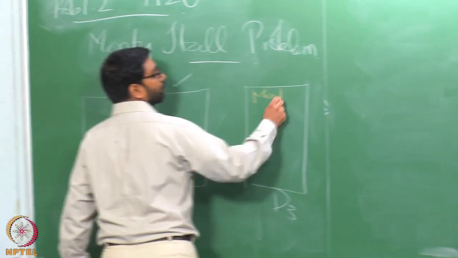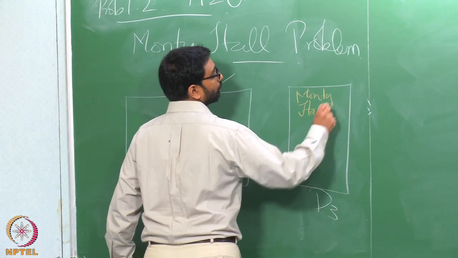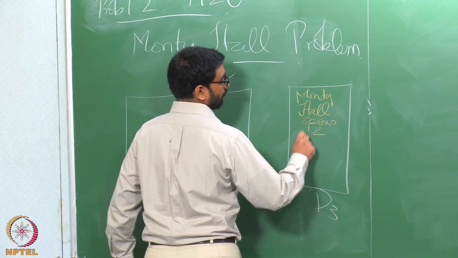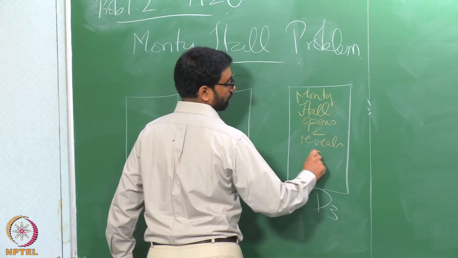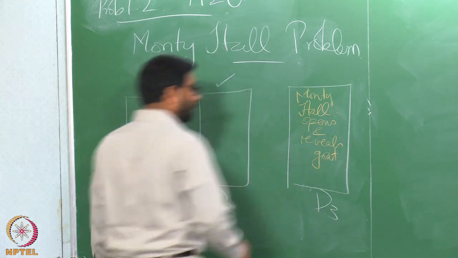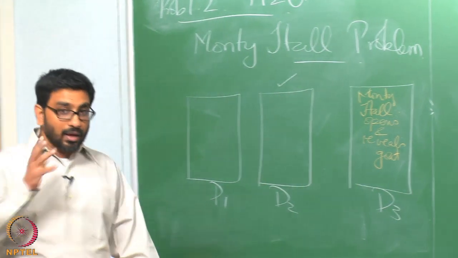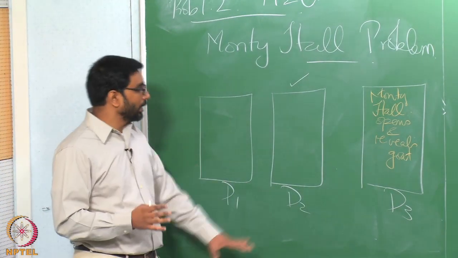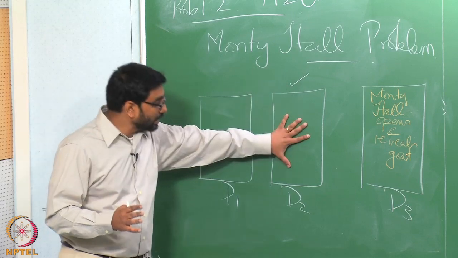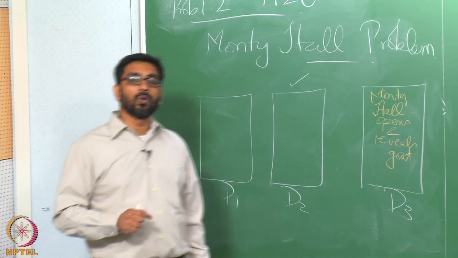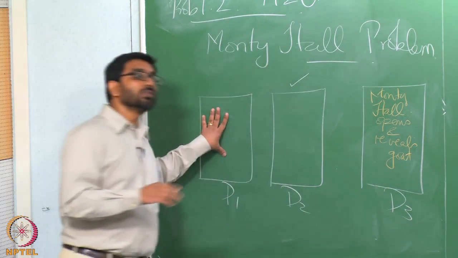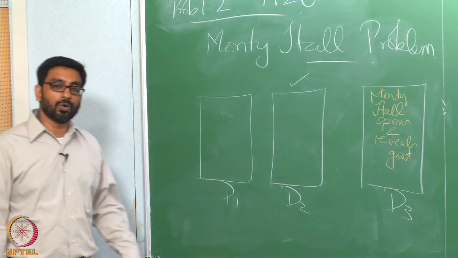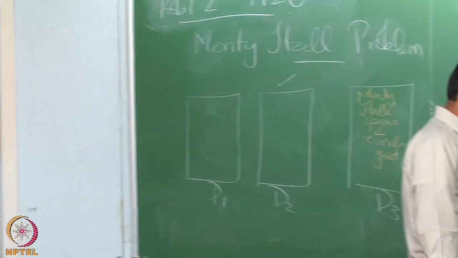And now he gives you the option. You have 2 options. One, you can either retain D2 or you can move to D1. Now, you have the freedom to choose D1 or D2.